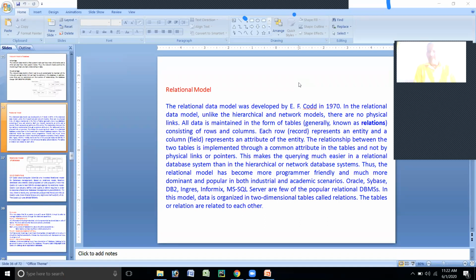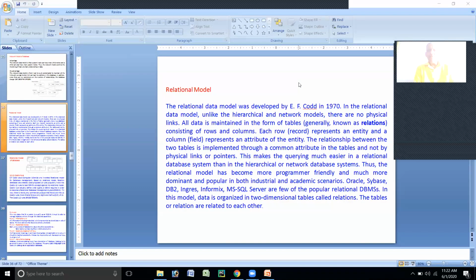In 1970, the relational model was developed by E.F. Codd. Remembering the year is very easy. First the hierarchical model in 68, then network 69, relational 70, in a series. In every new year we got different models in the beginning stage: hierarchical, network, then relational model.